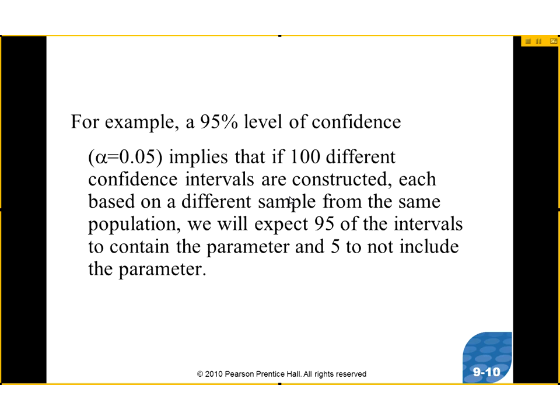Okay, so if we had a 95% level of confidence, if we did 100 different confidence intervals, we would expect 95 of those 100 confidence intervals to truly contain the population mean, and 5 not to include the population mean.